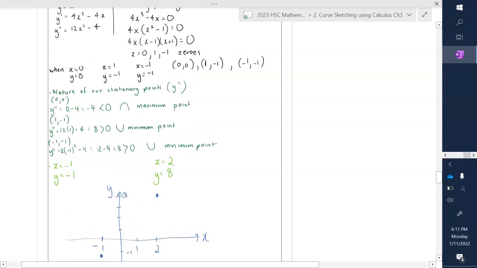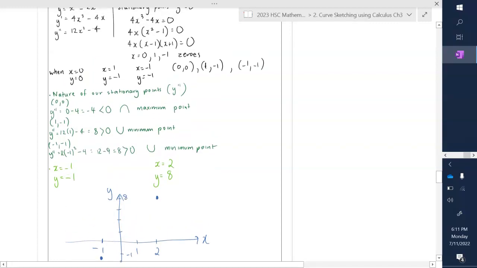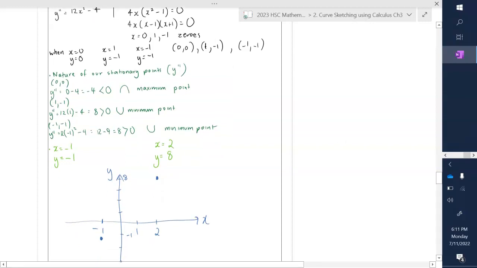Okay, kind of working backwards here. We know 0, 0 is a maximum turning point. Okay, so we know we've got a maximum happening there. We know that at the point 1, -1 we have a minimum. So 1, -1 here, we're going to have a minimum turning point.